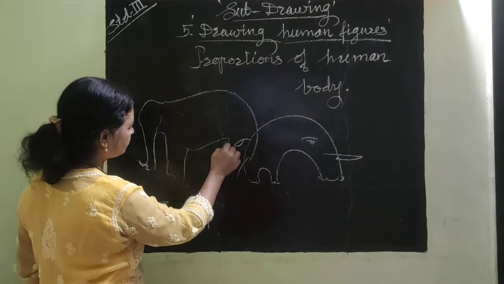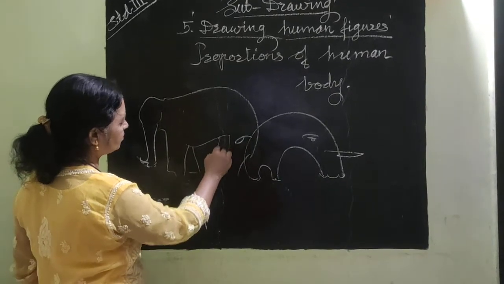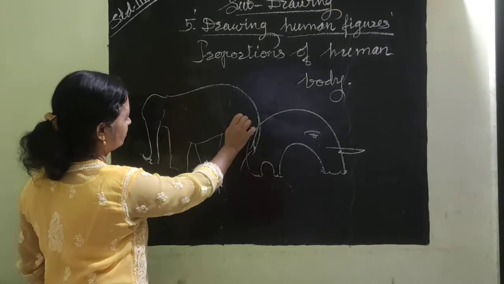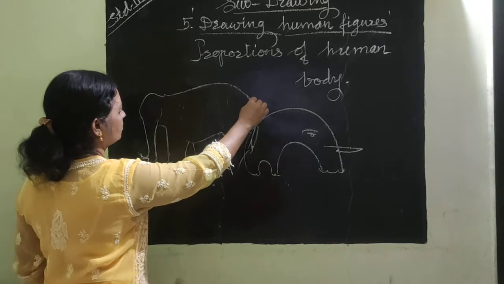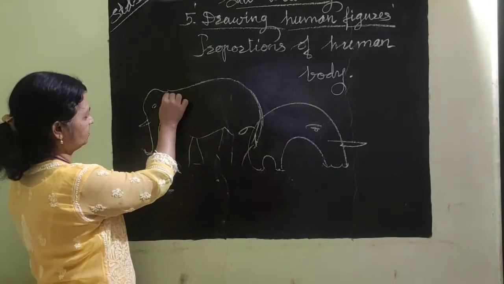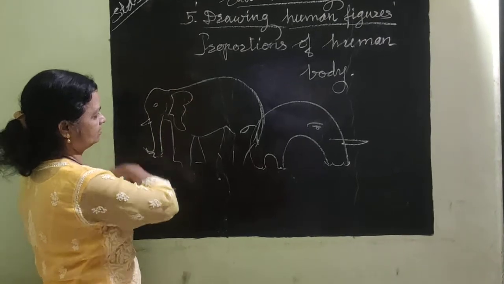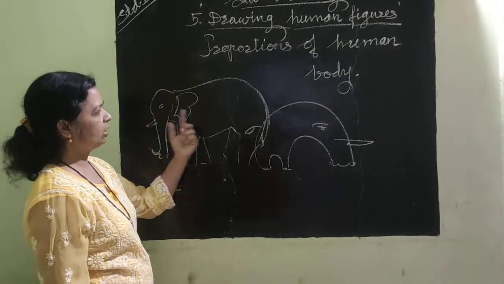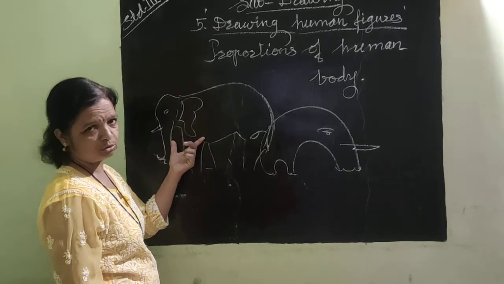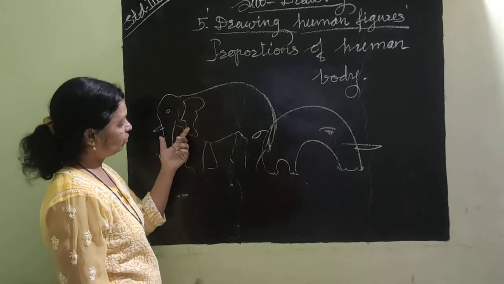Okay. And the head is very small, like this. So this drawing is not proportionate. Really, this is not proportionate.